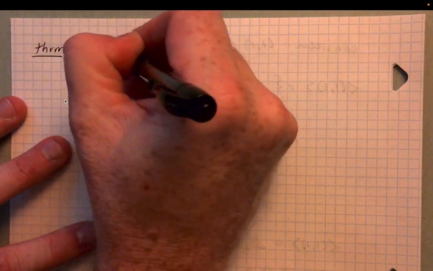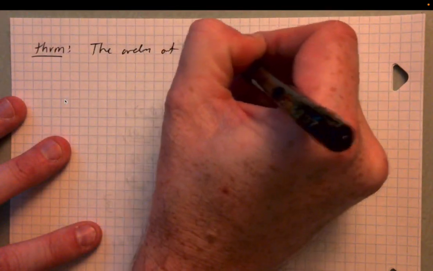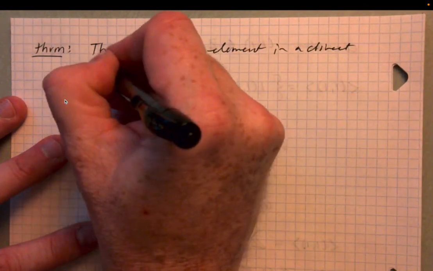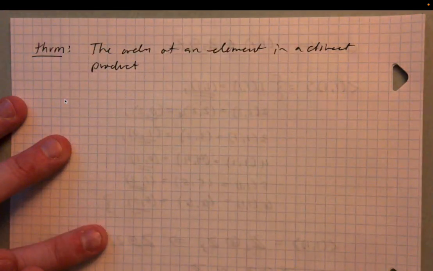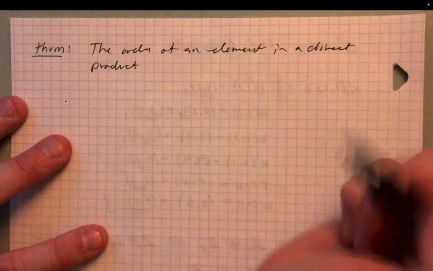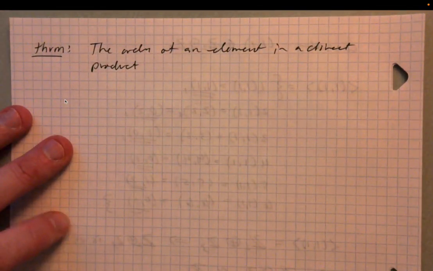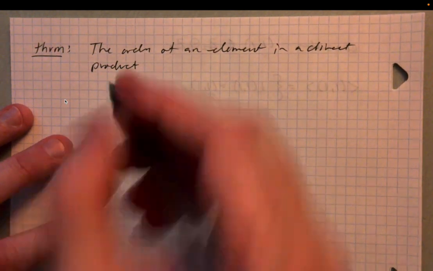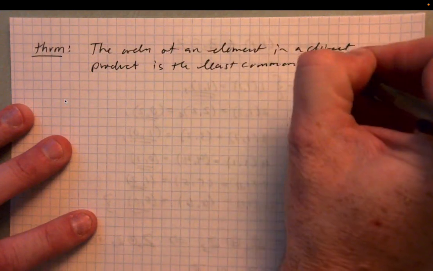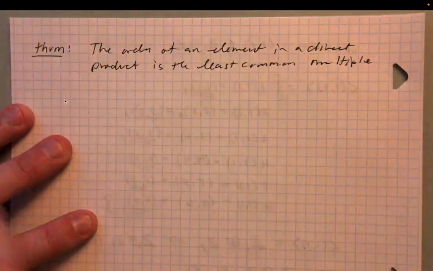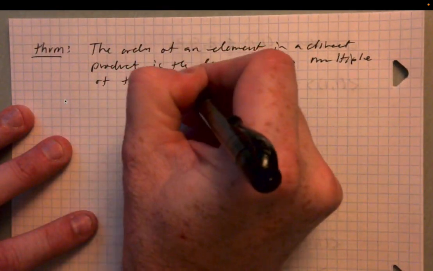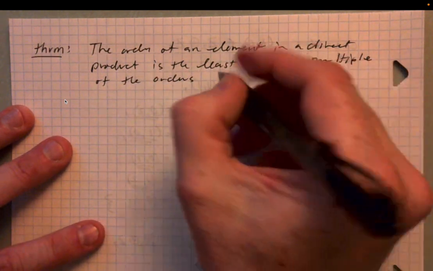The order of an element in a direct product, where it's a direct product of a finite number of finite groups, is the least common multiple of the orders of the components of the element.